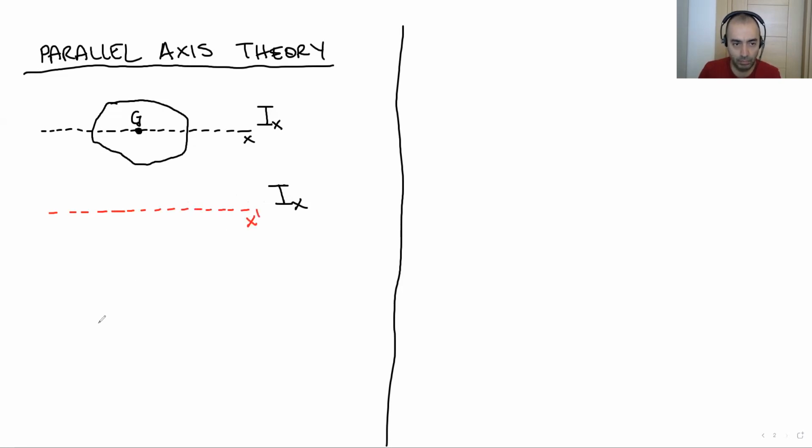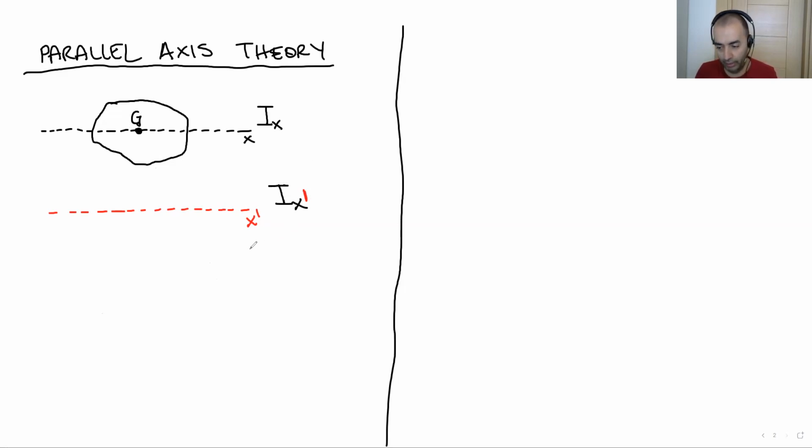In my calculations, I'd like to use the moment of inertia of this arbitrary shape according to x prime. So I need to calculate Ix prime.